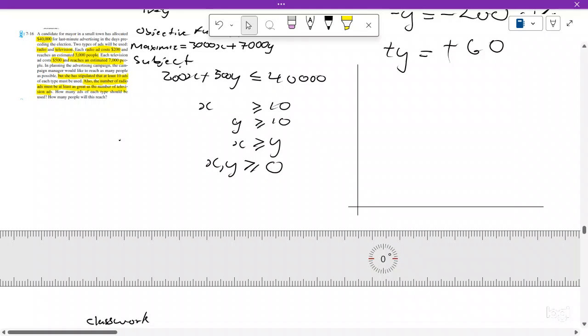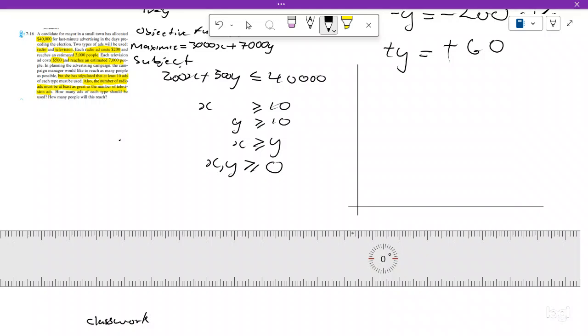Then in order for us to draw our graph, okay, simple thing, let's start with the ones at the top there.